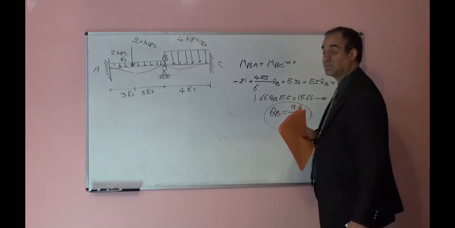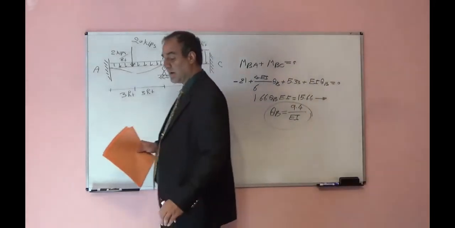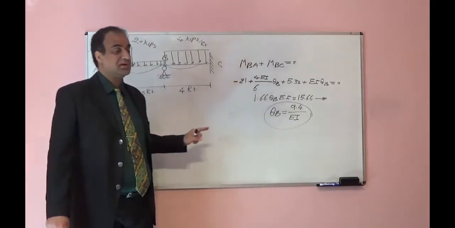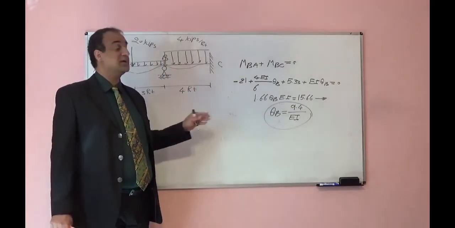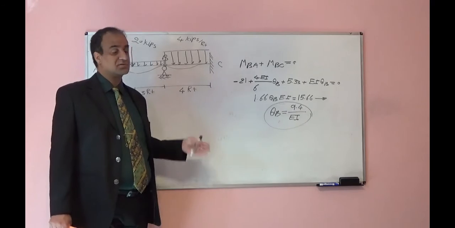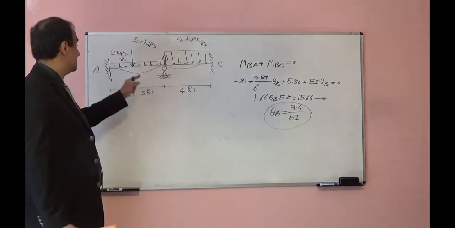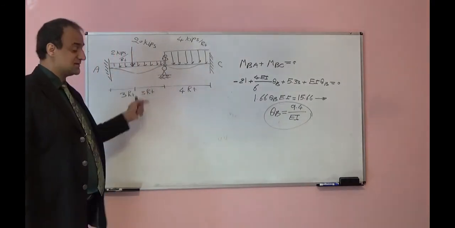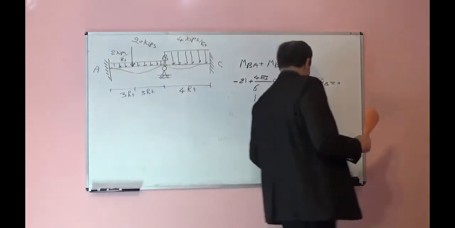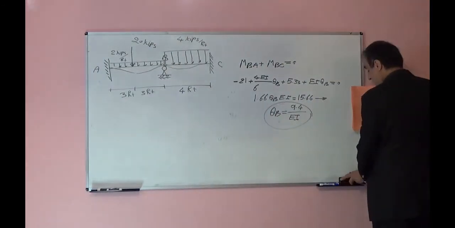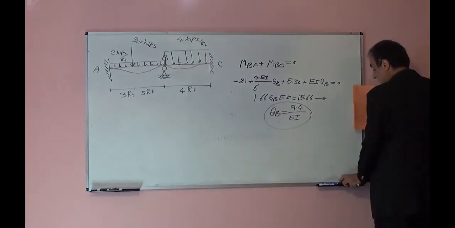After I found theta B, I can plug this theta B in the slope deflection equations one by one, so I can find MAB, MBA, MBC, MCB. Let's do that. Now I have the theta B magnitude.